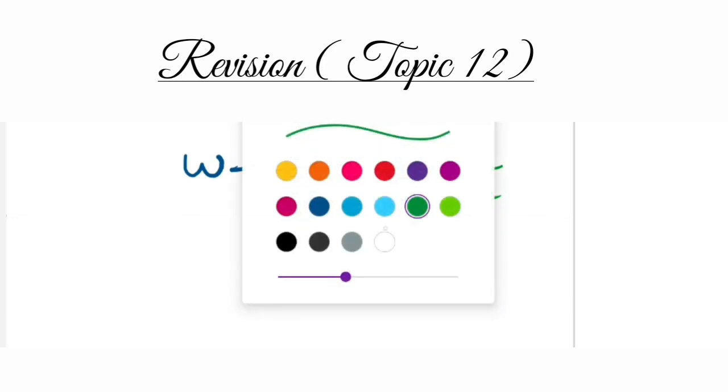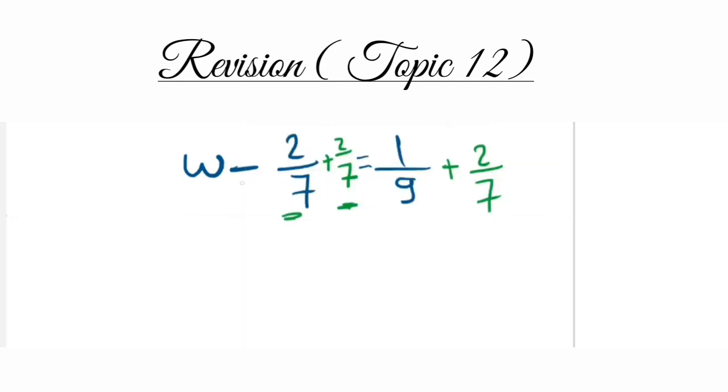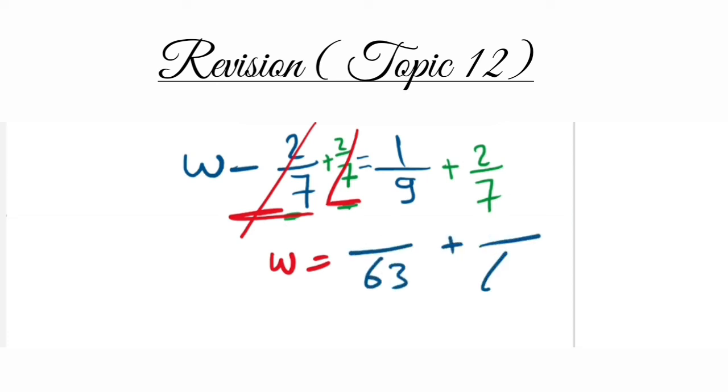Now minus 2/7 and plus 2/7, that's 0. The remaining on this side is W alone. On the other side, 1/9 plus 2/7. Let's do this. We need a common denominator. 7 multiplied by 9 is 63. 9 became 63, so multiply by 7. Do the same for 1. 1 multiplied by 7 is 7.